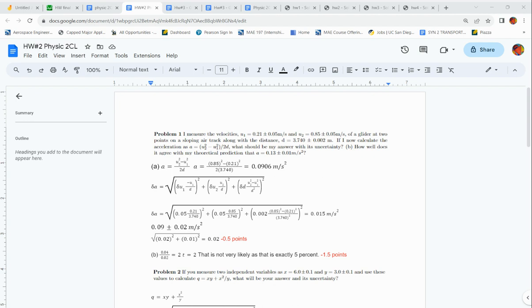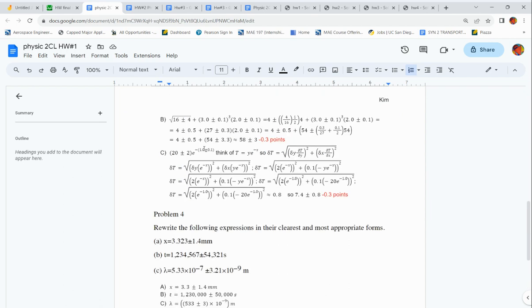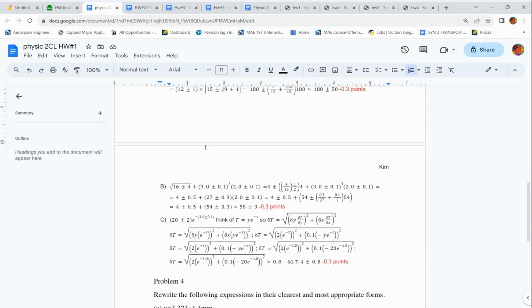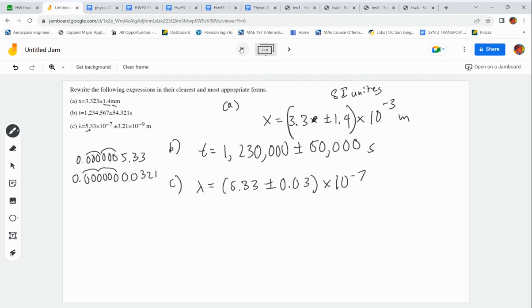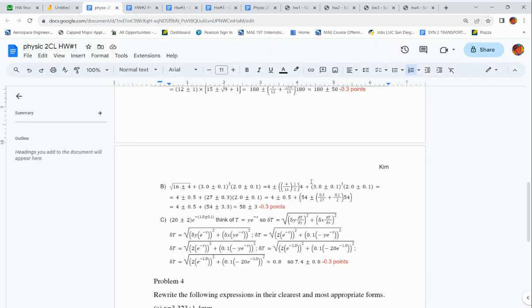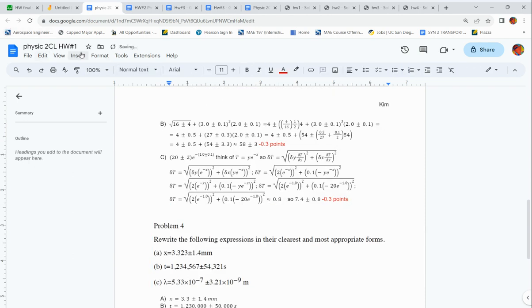Homework question 1. Since we just finished homework 1 with all the mistakes I made, why don't we fix it? Why don't we do a fix over here, right?